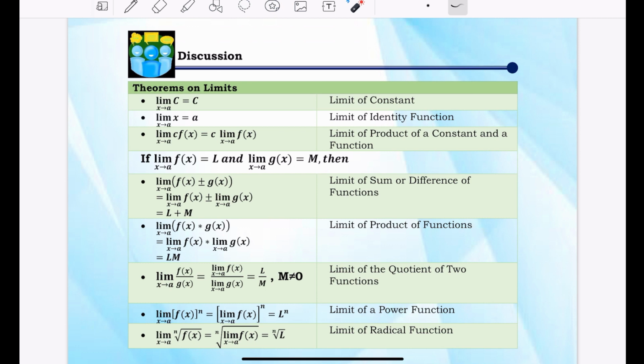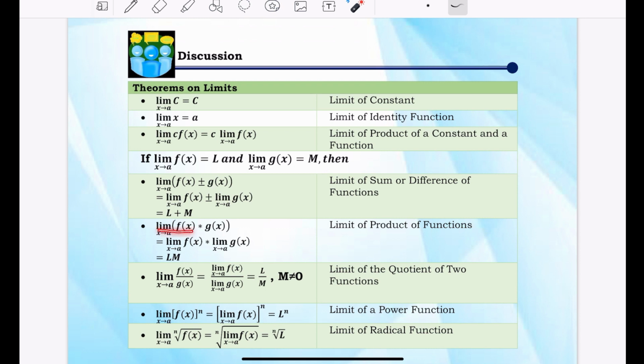So if the limit of f of x is equal to L as x approaches a, and the limit of g of x as x approaches a is equal to m, then the limit of f of x plus or minus g of x as x approaches a is equal to the limit of f of x as x approaches a plus or minus the limit of g of x as x approaches a, and that is equal to L plus or minus m. That is the limit of a sum or difference of functions.